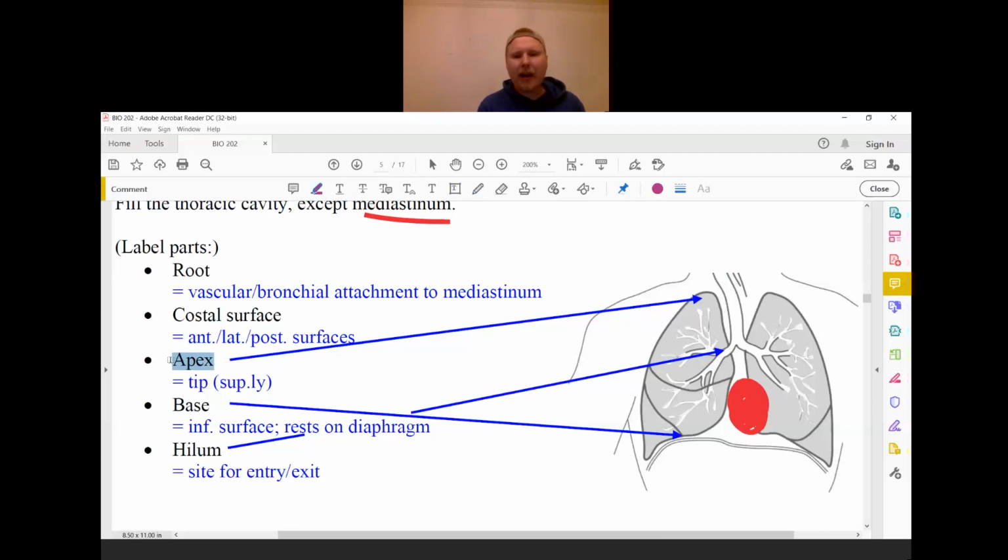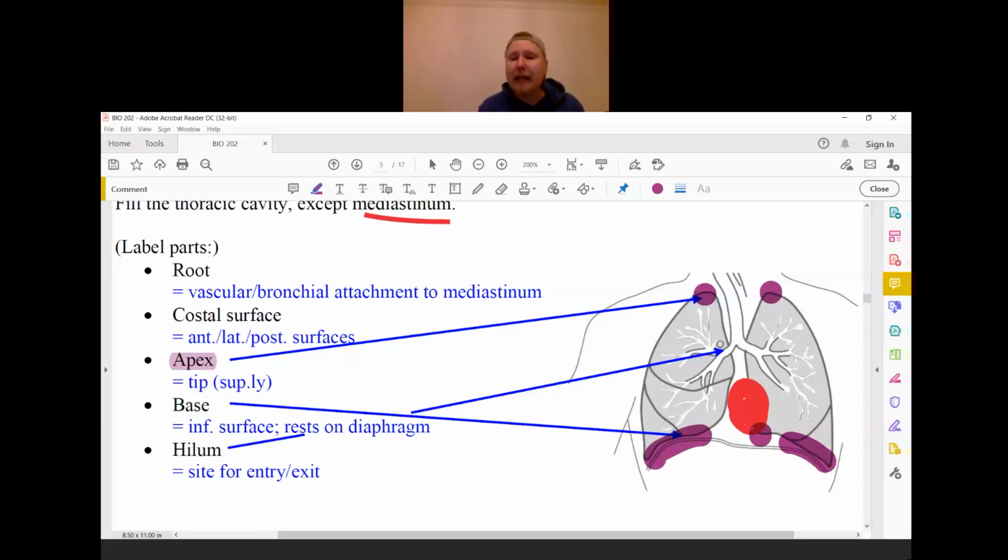You remember the cardiac apex was the tip of the heart pointing inferiorly, downward, and anteriorly, to the front and to the left. Lungs have an apex as well, but this time the apex of the lungs is at the very top, the most superior points of the lungs. One on left, one on right. The base of the lungs is the inferior surface that rests on the diaphragm.